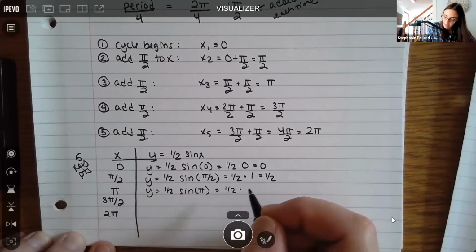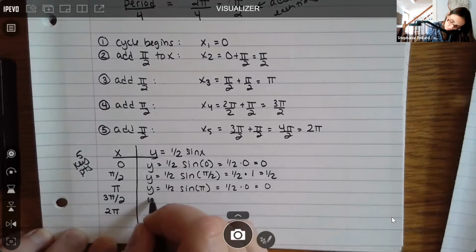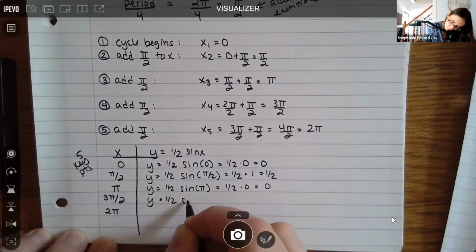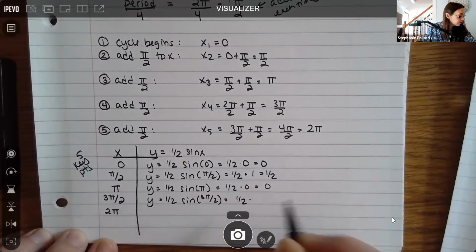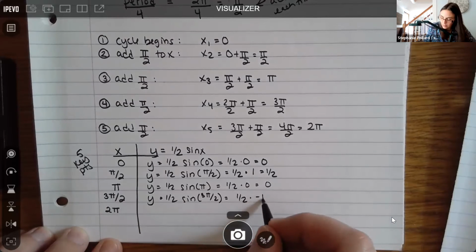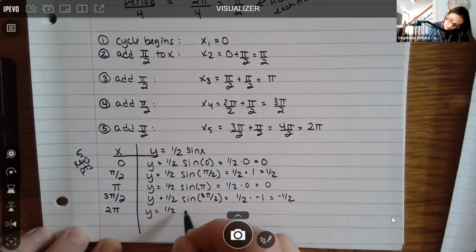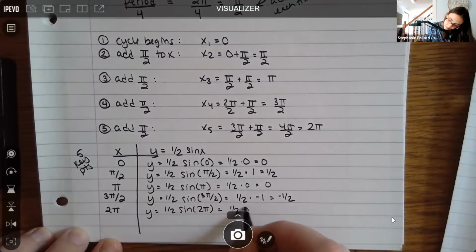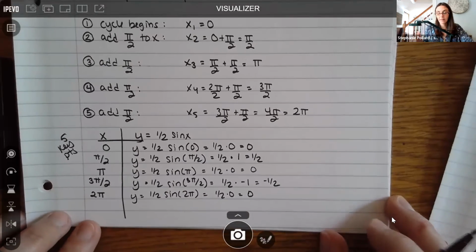Now sine of pi again is 0, so 1/2 times 0 is 0. Sine of 3 pi over 2 is -1, so this is -1/2. And then finally, sine of 2 pi is 0 again. So there are my 5 key points.